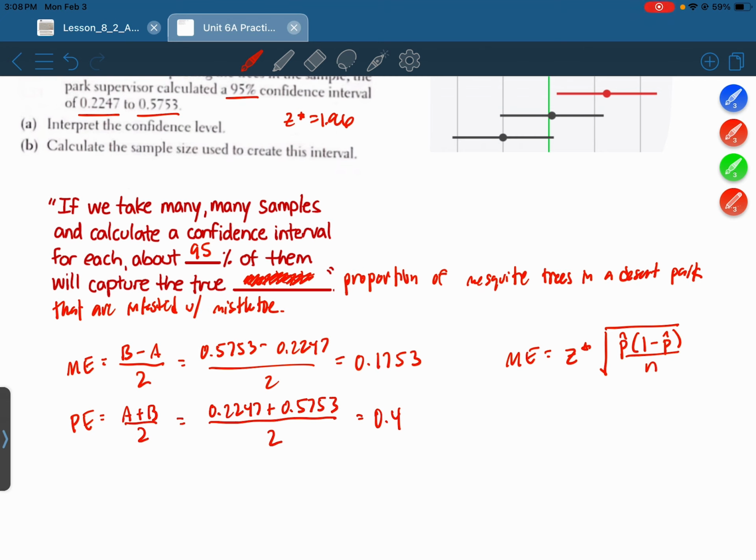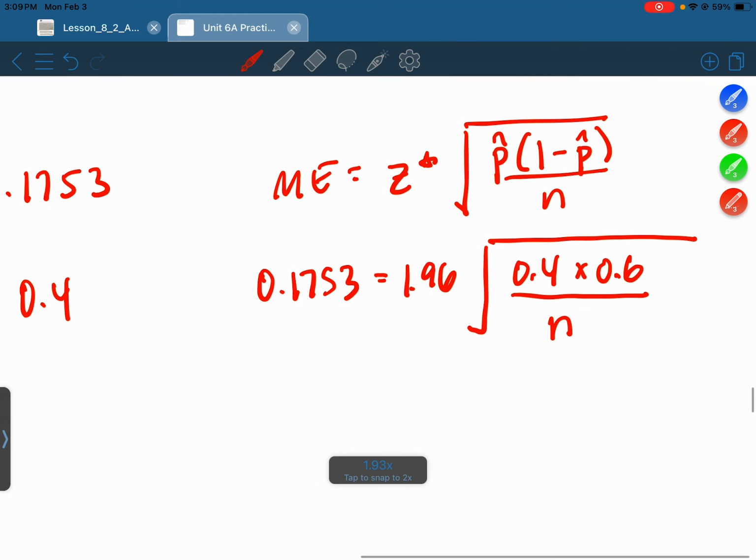So let's start plugging some numbers in. 0.1753 equals 1.96 times the square root of 0.4 times 0.6 divided by n. At this point it just becomes an algebra problem, so we just got to solve for n.